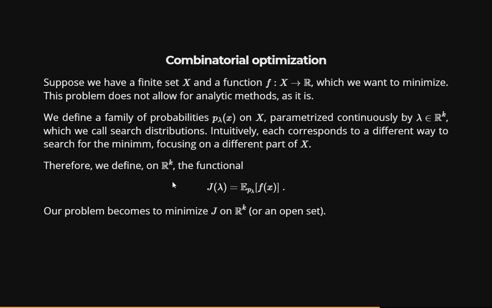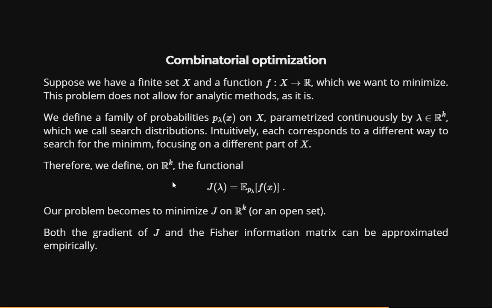So now you have to minimize J on Rk. The nice thing is that you have empirical methods, meaning from samples, to estimate, to approximate the gradient of J and the Fisher information matrix. So you can write down the Riemannian gradient of J with not too much computational cost.